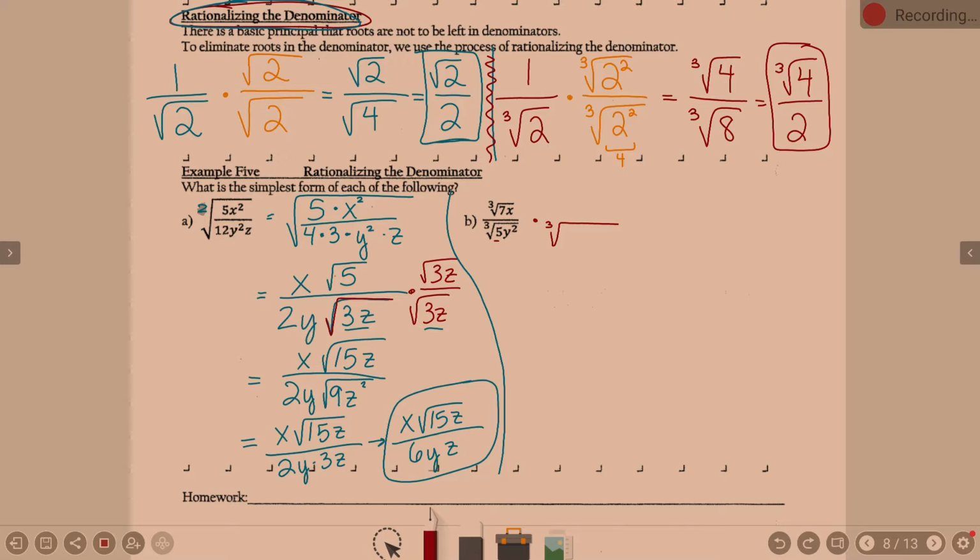If I have 1 five, how many more does it take to make a perfect cube? 2 more of them, which means I could write this as 5 squared. You could also say that you're multiplying by 25. But keep in mind, whatever we do to the denominator, we have to do to the numerator. So that means we're also multiplying the numerator by the cube root of 5 squared.